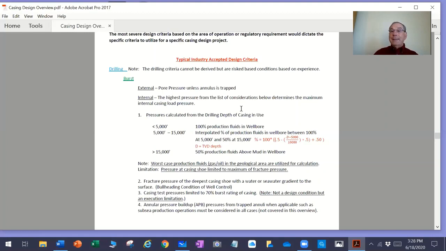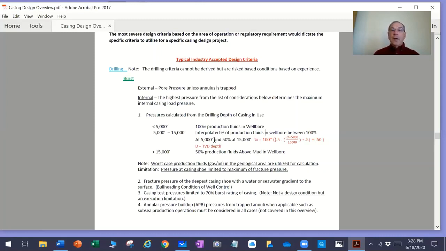So if you have a casing that is set at 5,000 feet and that casing is being used to drill to 10,000 feet, then 10,000 feet would be the depth you would use to calculate your production fluid level in the wellbore. So it boils down to, at 5,000 feet, it's 100% production fluids. At 15,000 feet or greater, it's 50%, and then you interpolate in between.